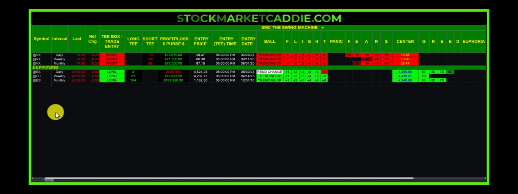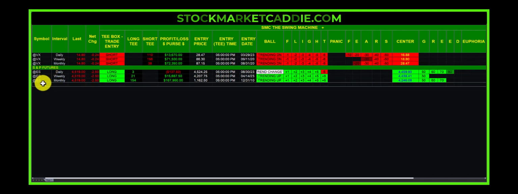Let's start out further at a monthly and then drill down to a weekly and then ultimately a daily. The assessment or the technique is the same. The VIX on a monthly basis went short 38 months ago, at 5 p.m. in August of 2020.